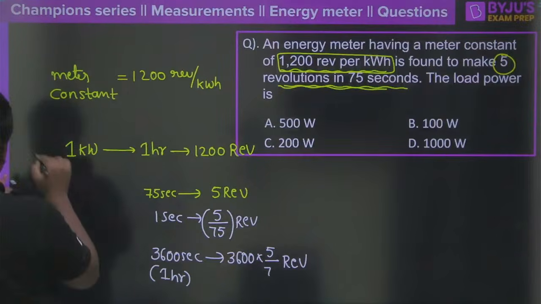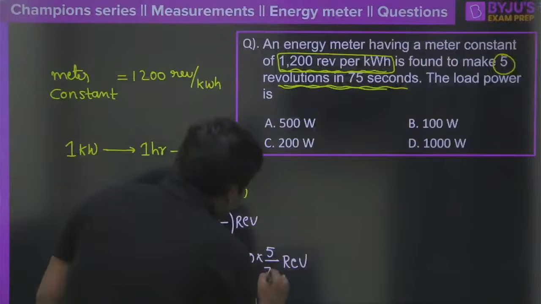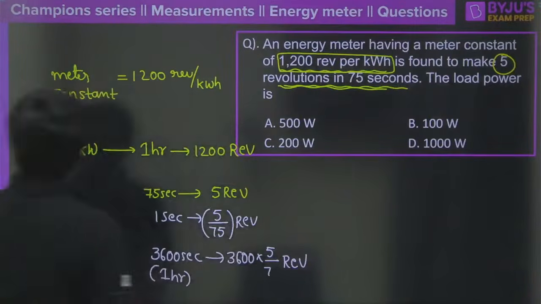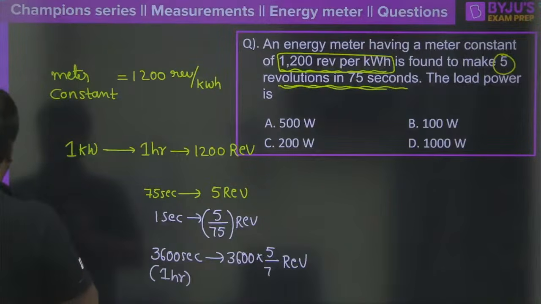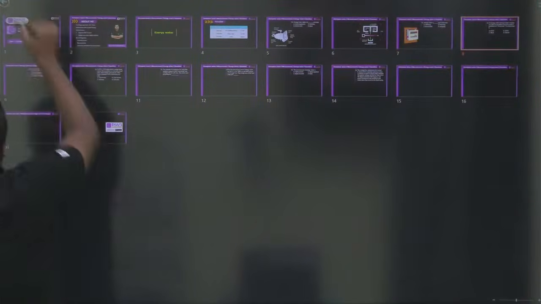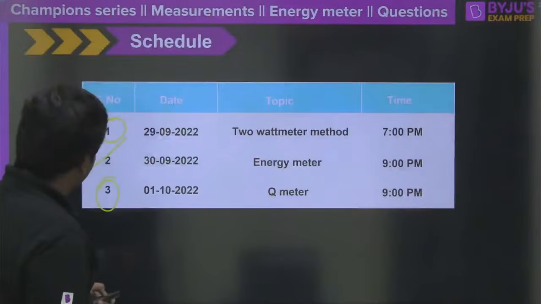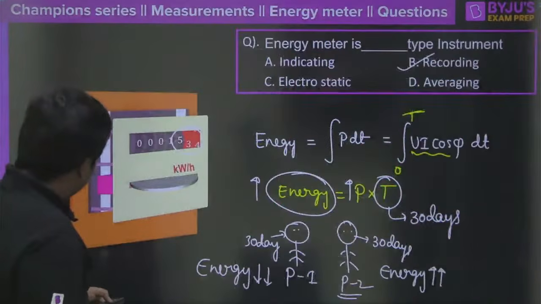So wait 1 second. It is going to be 5 divided by 75 revolutions here, right? Yes, good.